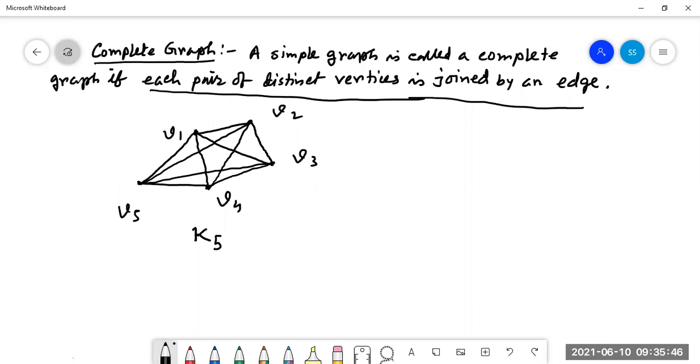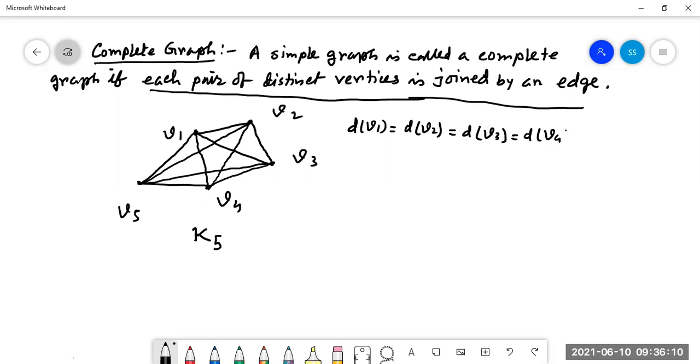Now look here. As it is a complete graph with 5 vertices, what is the degree of V1? 4. Degree of V2? 4. Degree of V3? 4.